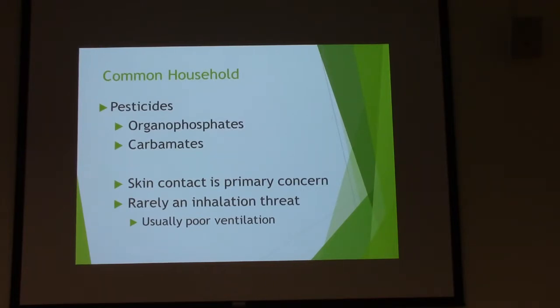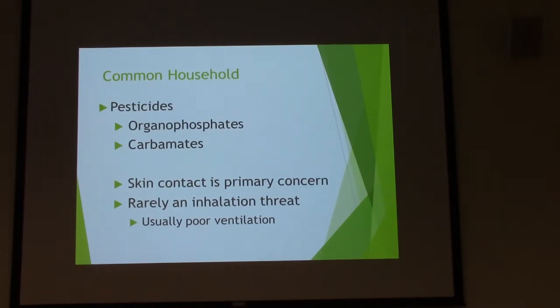Some of the other things, pesticides, the organophosphates and the carbamates, mainly we worry about these at the skin level or absorption level. But in certain situations like farms, as they're spraying on their fields, they can end up having them inhaled. Areas like greenhouses that are poorly ventilated can have issues too.